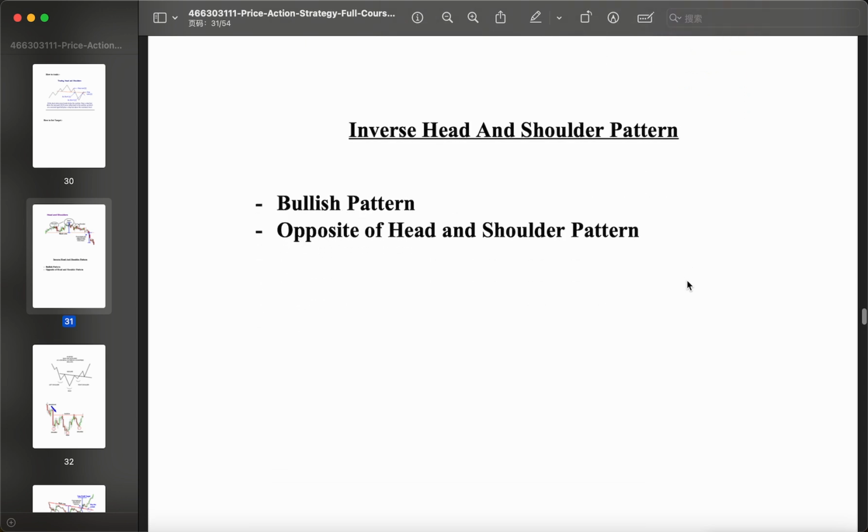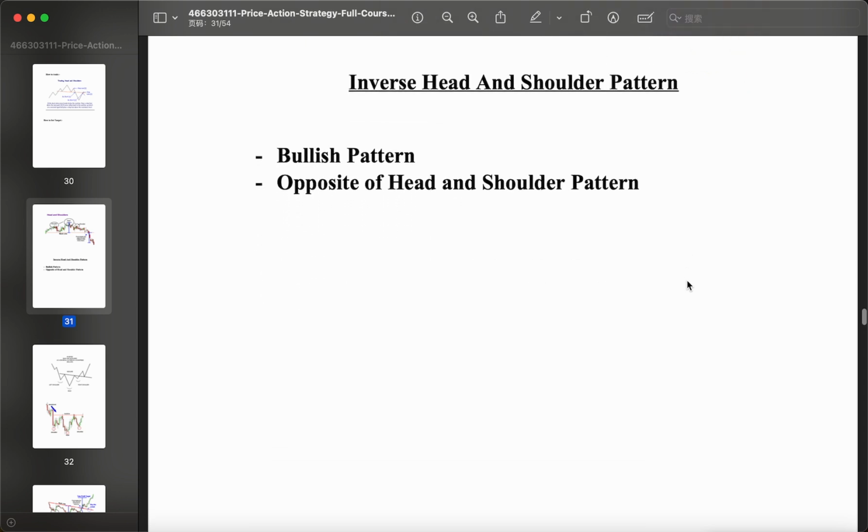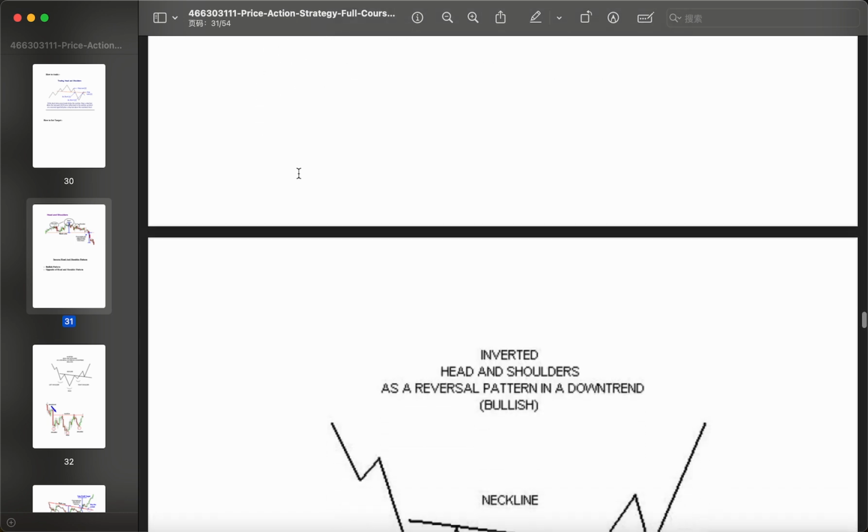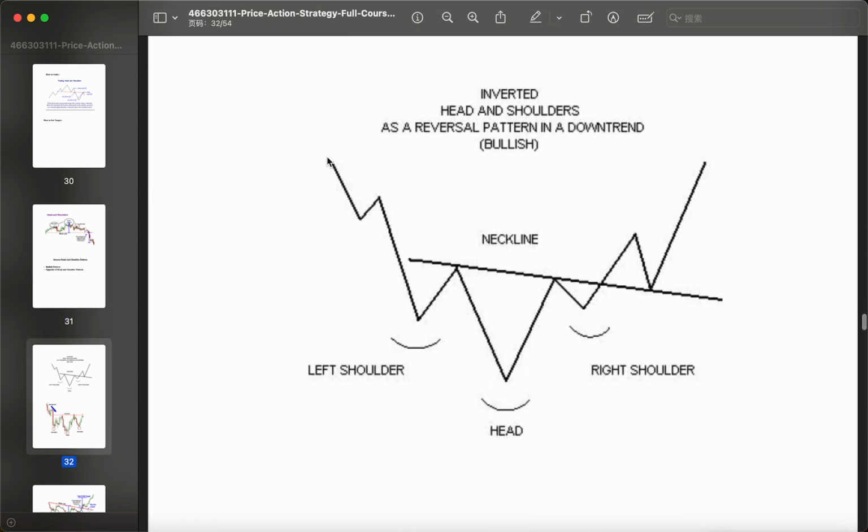Okay, so the inverse head and shoulders pattern is the reverse of the head and shoulders pattern. This is a bullish pattern because it is the opposite of the head and shoulders pattern. Now we're seeing this inverted head and shoulders as a reversal pattern in a downtrend. Actually, you see here, this is the left shoulder.